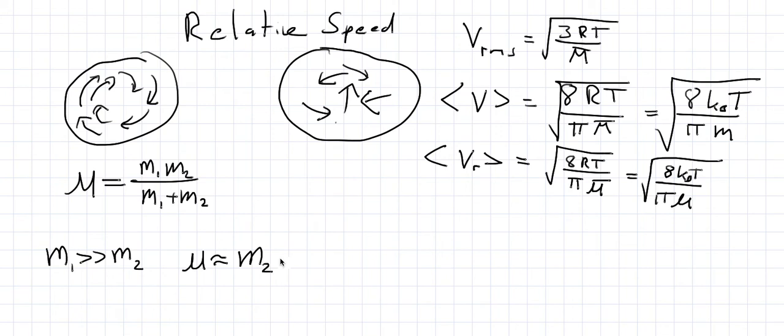So that tells you if you have something really, really heavy, like the sun, and something really, really light, relatively speaking, like the Earth, the reduced mass is going to be the mass of this lighter thing, which means we can just treat it as if the Earth is moving and the sun is stationary, even though we know in truth they're actually moving around their common center of mass.